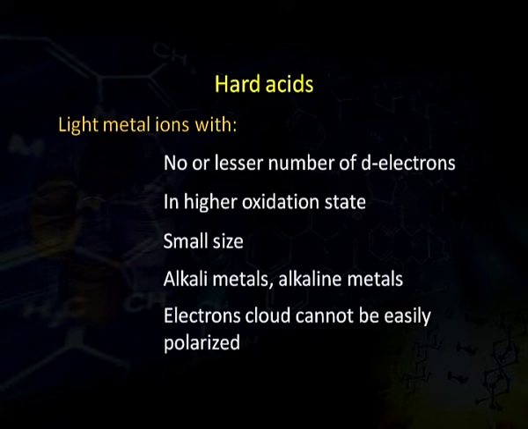Since these metal ions have small size, fewer d electrons and a high oxidation state, they have very few electrons around themselves. So, they do not have a bulky electron cloud, and the electron cloud does not easily get polarized or distorted.